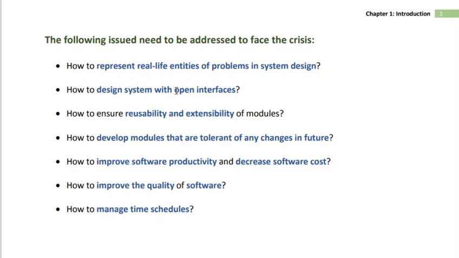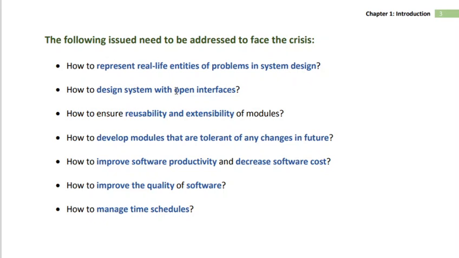Now, how to improve software productivity and decrease software cost? If you have a skilled labor force and a set of well-defined reusable modules, then definitely your productivity will increase. Increased software productivity basically means the ability of the organization to deliver software products.